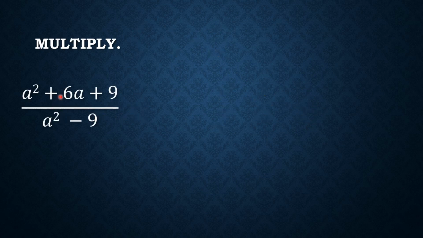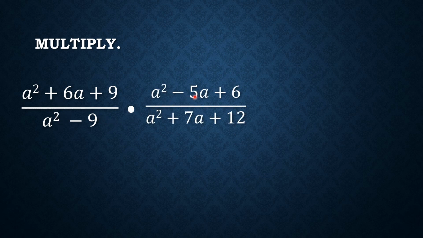Let's multiply a squared plus 6a plus 9 all over a squared minus 9 and a squared minus 5a plus 6 all over a squared plus 7a plus 12. So, the first step na kailangan natin gawin is to factor. Okay? Factor natin lahat ng pwede nating ma-factor sa numerator and denominators. In this case, the factors of a squared plus 6a plus 9 is a plus 3 times a plus 3.